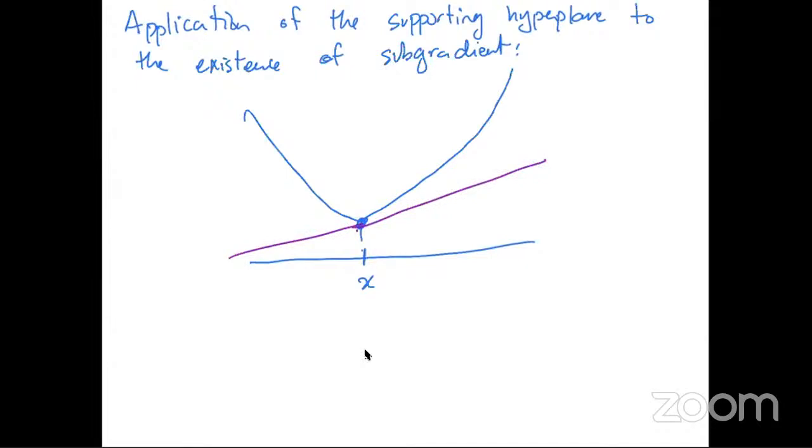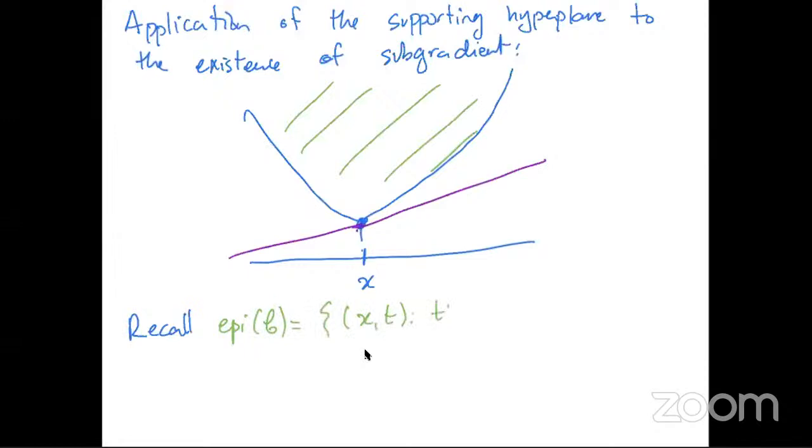Okay, so how do you actually do this? It is very simple, by applying the supporting hyperplane theorem to the epigraph. So remember the epigraph. Recall that the epigraph of f is the set of (x, t) such that t is bigger than f of x.